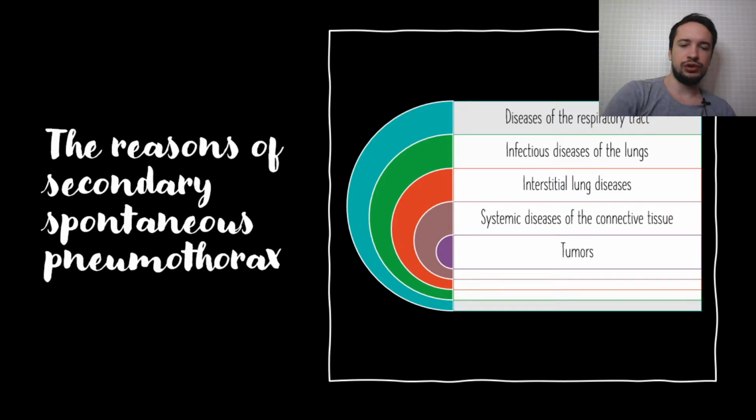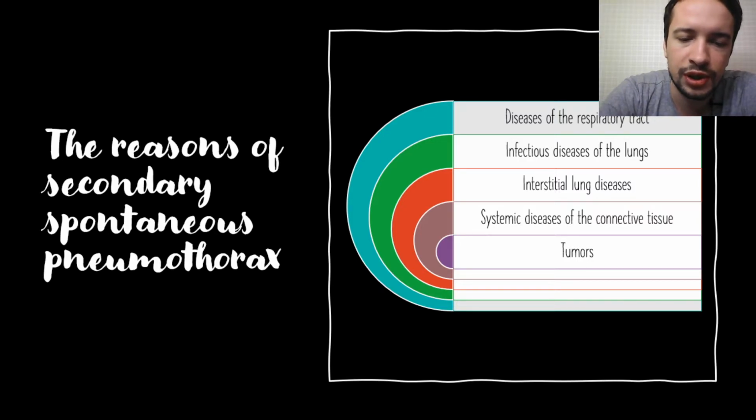The next group is interstitial lung disease. There we talk about sarcoidosis, idiopathic pulmonary fibrosis, histiocytosis, lymphangioleiomyomatosis, systemic connective tissue diseases, rheumatoid arthritis, ankylosing spondylitis, polymyositis, dermatomyositis, systemic scleroderma, Marfan syndrome, Ehlers-Danlos syndrome.